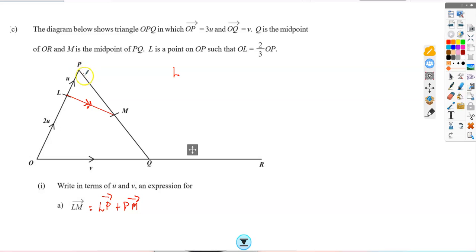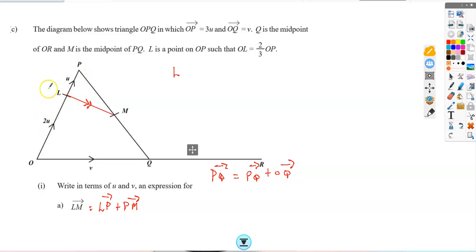Okay, so how can we get PM? Well, we're going to have to find PQ, because PM is half the length of PQ, as M is the midpoint of PQ. So let's find PQ first. PQ would be PO plus OQ.